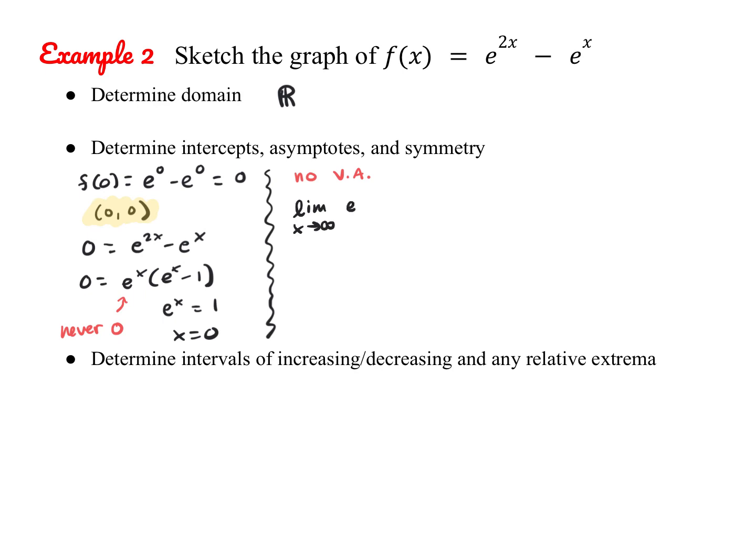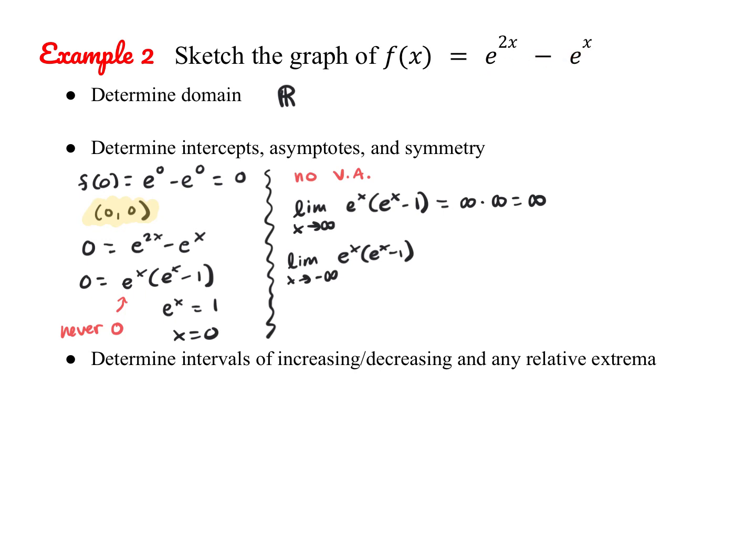So we have e to the x times e to the x minus 1. So here we get infinity times infinity, which is infinity. And then if we do the limit as x approaches negative infinity, and notice I'm working with our factored function, so we don't have the infinity minus infinity, which is an indeterminate.